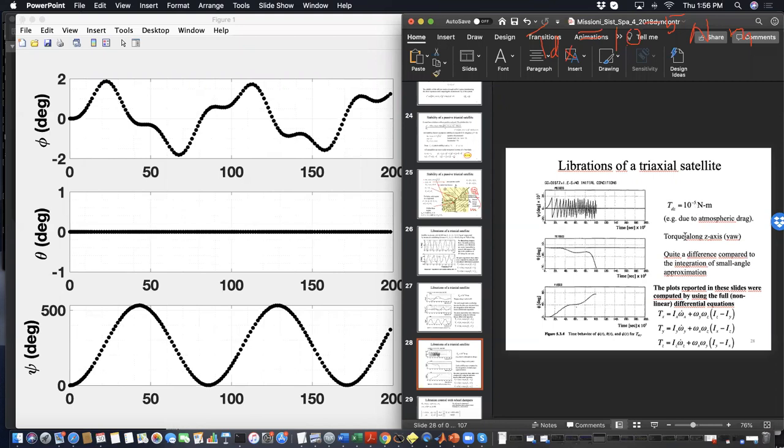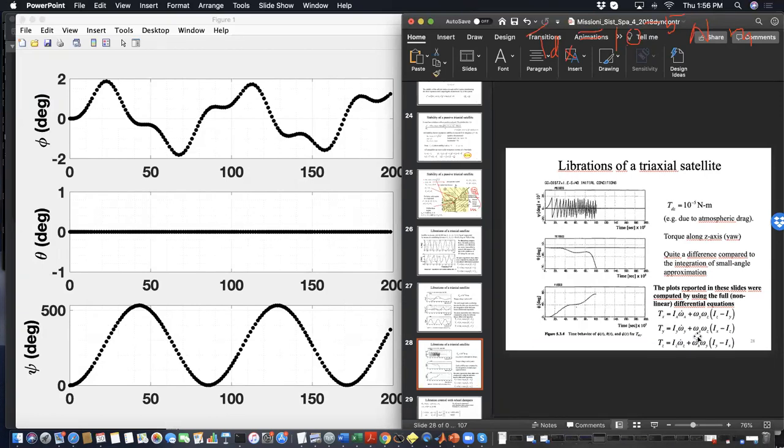So after a few seconds, the angle psi is going to be so large that our small angle approximation is not valid anymore. If this is not valid anymore, the three equations for roll, pitch, and yaw will be strictly coupled.